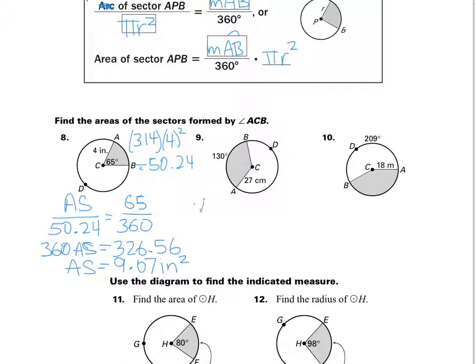So let's do another one. Area of the shaded region. I need the area of the whole circle. 3.14 times 27 squared is 2289.06.